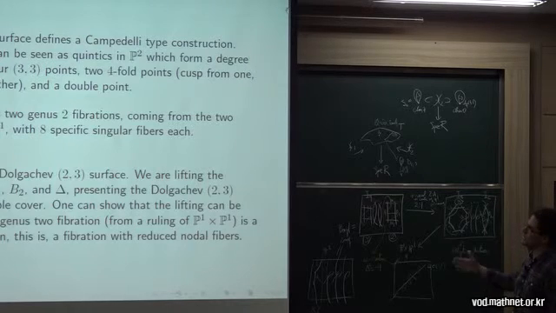And so we have at the end, on a Dolgachev 2-3 surface, a genus 2 fibration which is Lefschetz, in the sense that the fibration has reduced nodal fibers only. And I think that in the Craighero-Gattazzo surface there is also a Lefschetz fibration, genus 2.